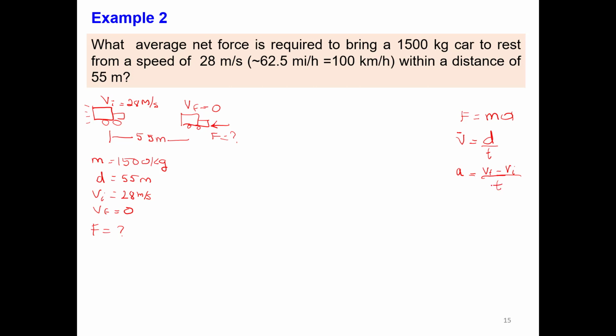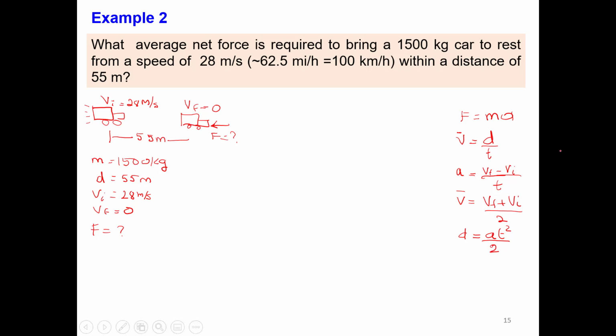And the other is the other way we can calculate the average velocity. And finally, the equation that correlates the distance, the acceleration and time. This is all the equations.